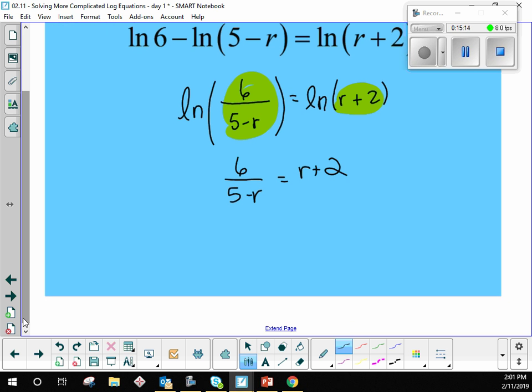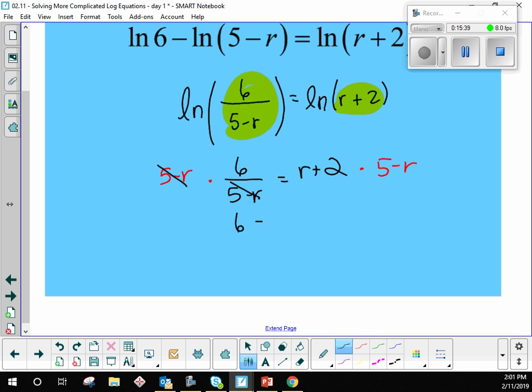So solving for r, how could I go forward with this problem? What's something I could do? Multiply by what? By 5 minus r, okay? Just the entire denominator. Multiply both sides by that to get it out of the way. So it's times 5 minus r here, and times 5 minus r here.